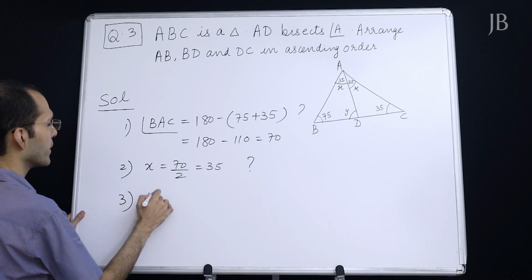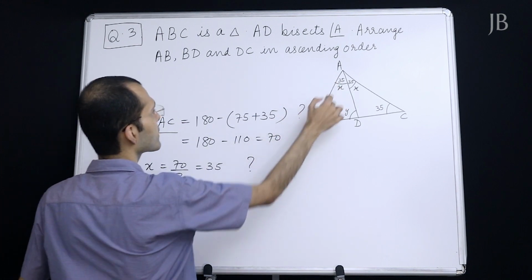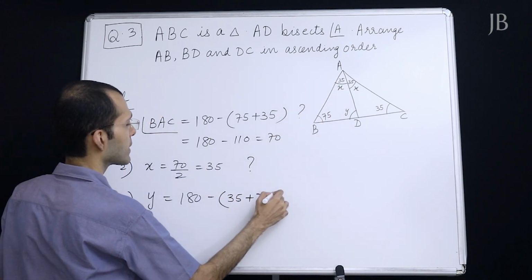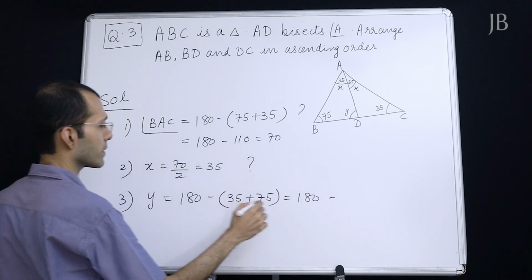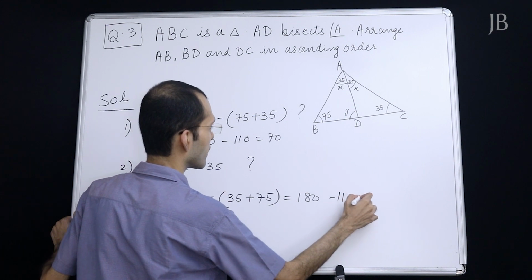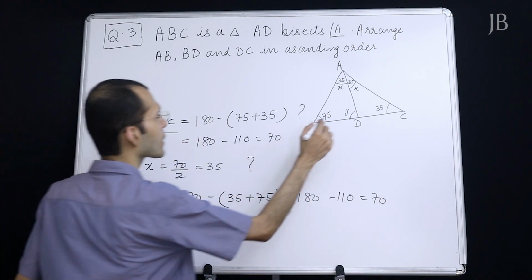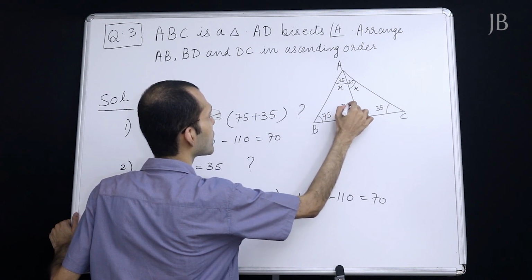So Y will be 180 minus 35 plus 75. That is 180 minus 110. That comes to 70. So Y is 70.